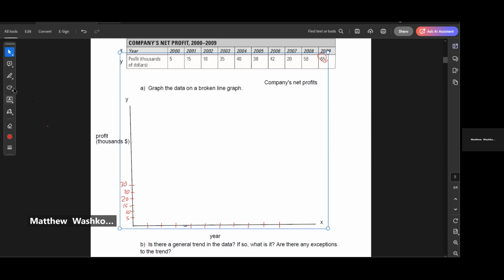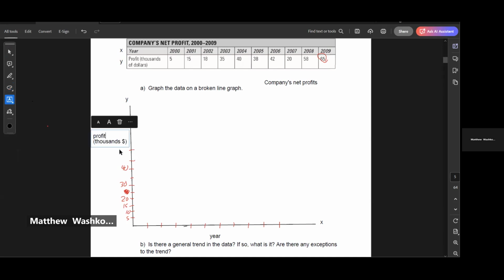Oh, crap. Well, that didn't work out very well. There, doesn't exist. So 35, 40, 45, 50, 55, here's 60, 65, and we'll label 70, even though it doesn't go that high. So now it's a good graph, right? I've used up most of my space. I still need to label my year.